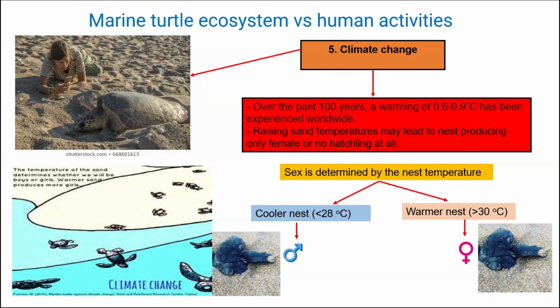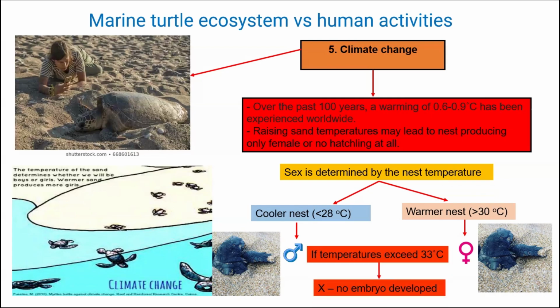Considering this, the impact will be that we will have an increasingly skewed sex ratio toward female populations. Or the worst scenario might be that if temperatures keep rising and in the incubation chamber of the nest it exceeds 33 degrees Celsius, then the development of the embryo will stop. So we will not have hatchlings at all. This is the worst scenario.